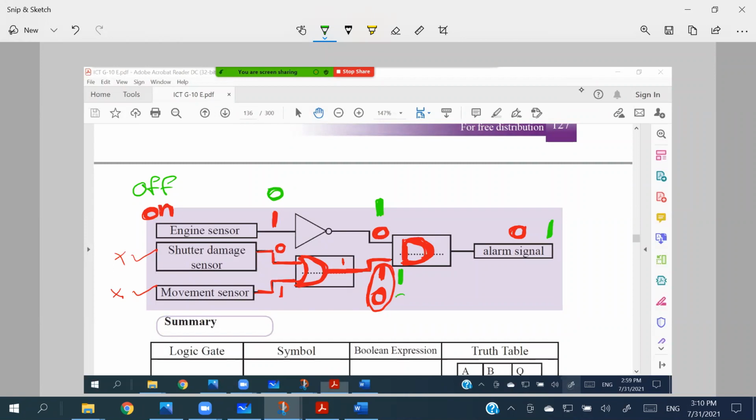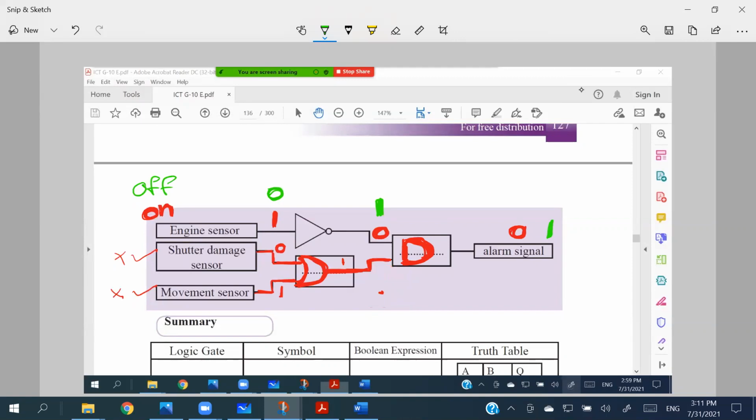If you receive 0 over here, the alarm is going to be 0. Great. Right, that is what we are arguing. Okay, great.